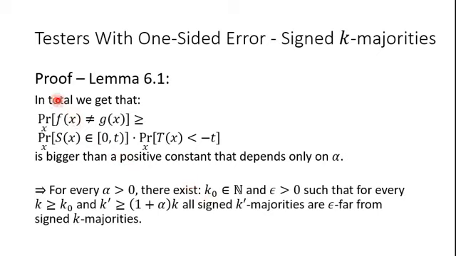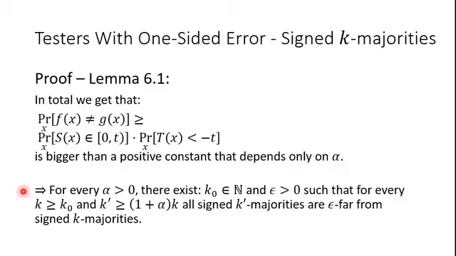So in total, that means that we get that this, what we set out to understand, is actually larger or equal to this multiplication, and we just saw that each one of these is a positive constant that depends only on alpha, this one and this one as well, which means that this inequality is larger or equal to a positive constant that depends only on alpha.